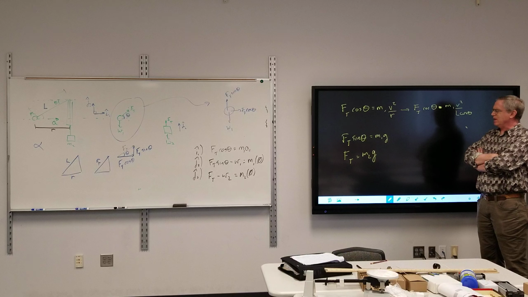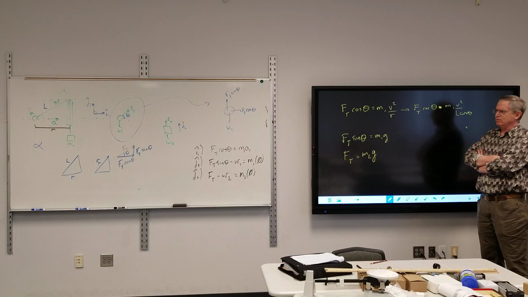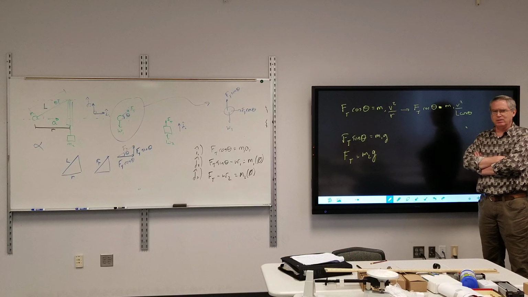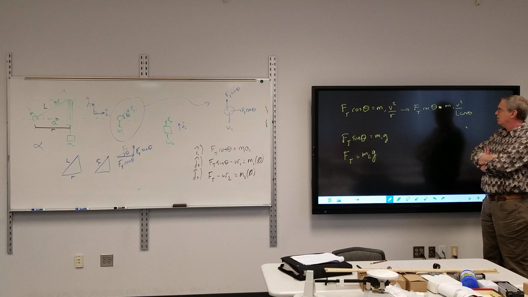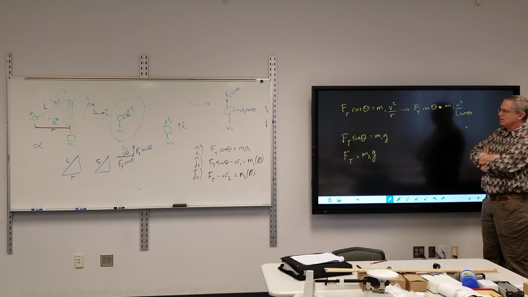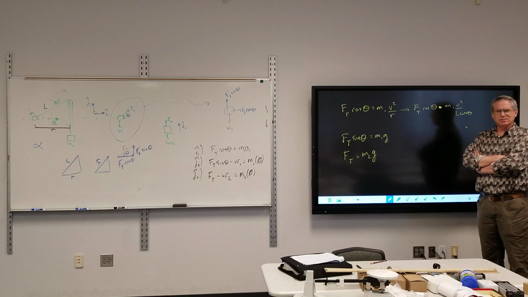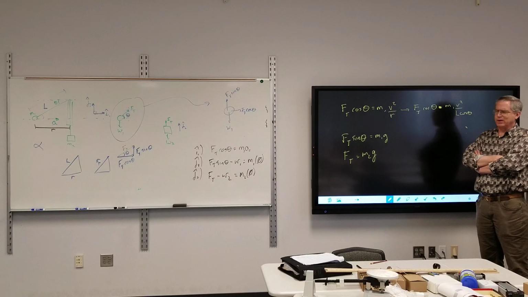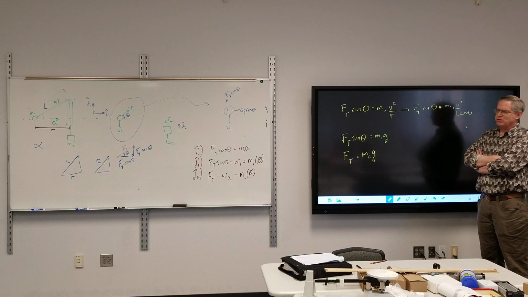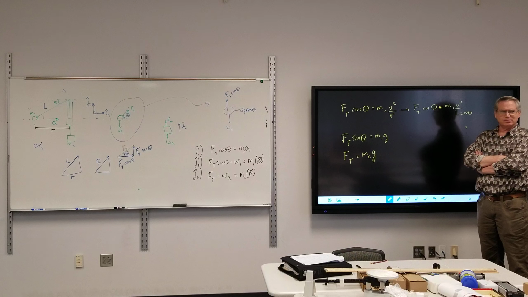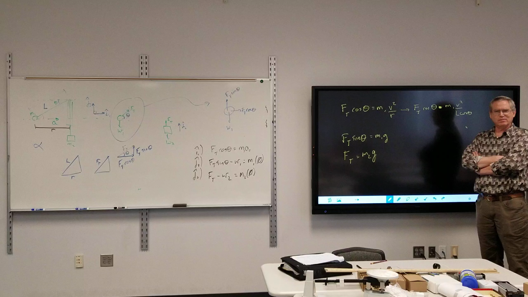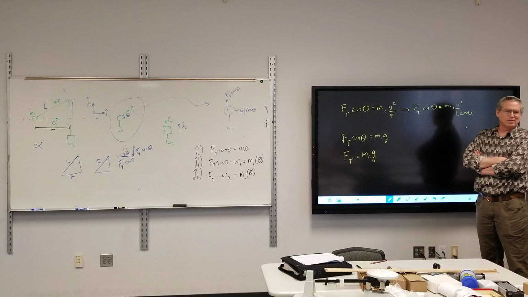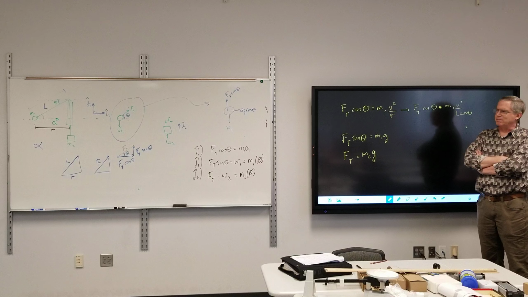So if I'm solving for M1, I don't know theta, because theta depends upon how hard I'm swinging it. Can I measure speed particularly easily? No. What is speed anyway? Change in distance, or distance over time.